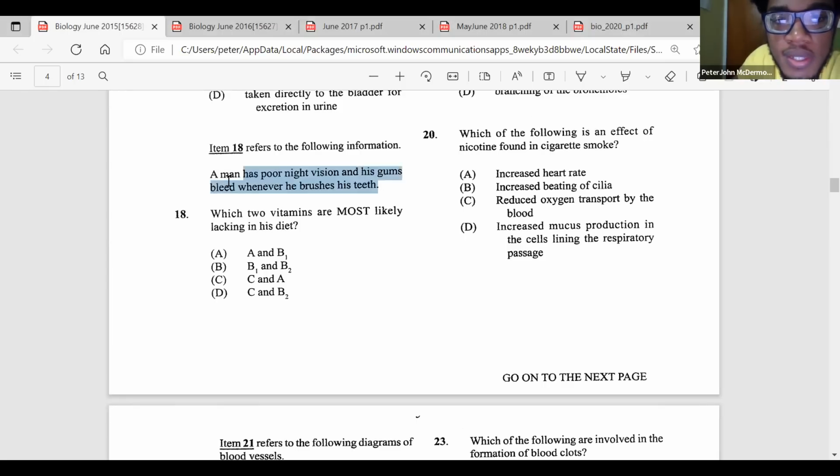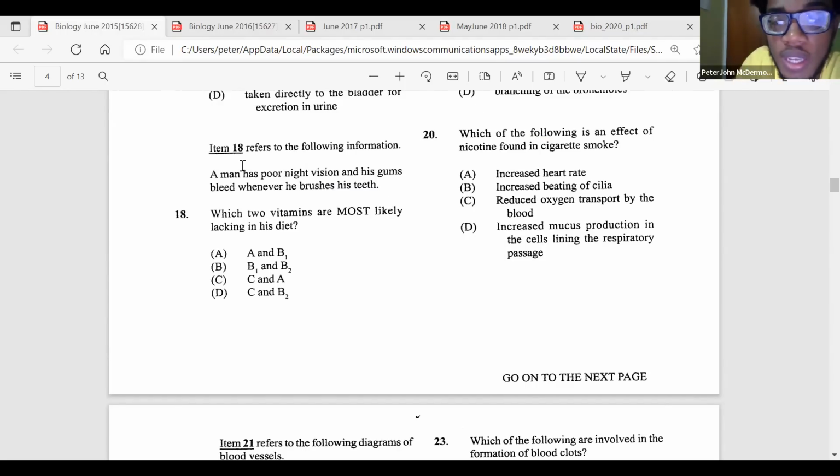Yeah, perfect. He just has night blindness.